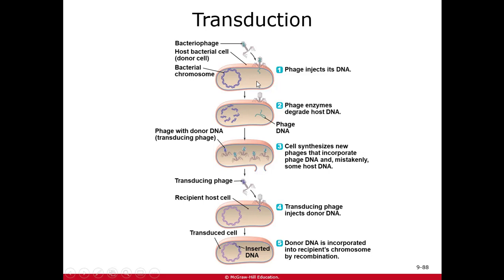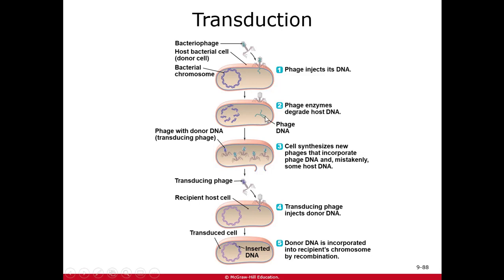Now, while this bacteria is making more viruses, some of the bacterial DNA is going to mix with the viral DNA. And so some of this purple bacterial DNA is going to end up inside of a new virus.